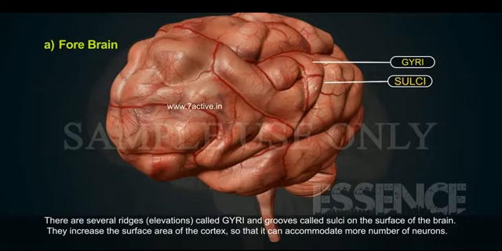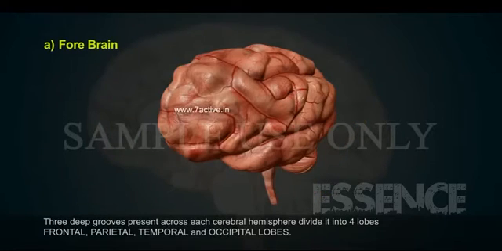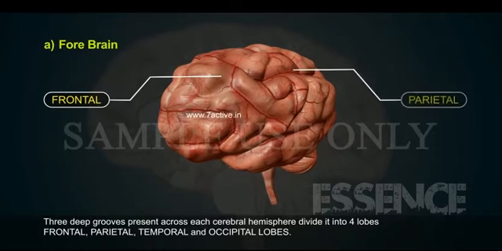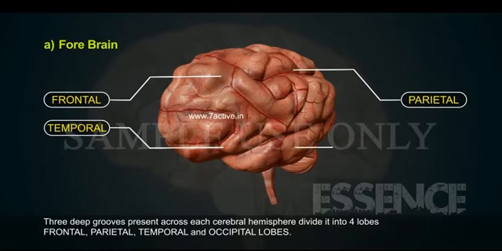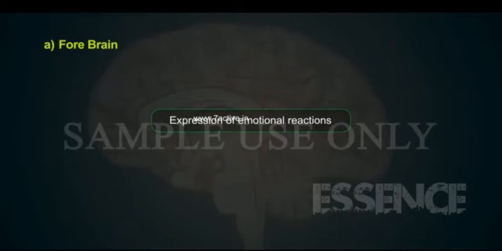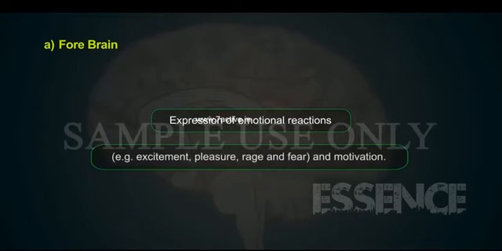They increase the surface area of the cortex so that it can accommodate more neurons. 3 deep grooves present across each cerebral hemisphere divide it into 4 lobes: frontal, parietal, temporal, and occipital lobes. Expression of emotional reactions, for example excitement, pleasure, rage and fear, and motivation.